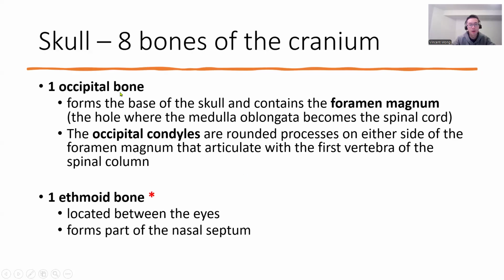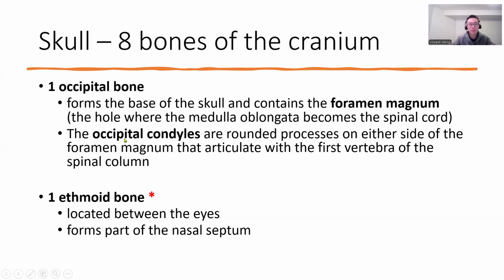One occipital bone. There is the foramen magnum. Foramen is a hole. Magnum means big. And that's where the medulla oblongata comes out and becomes the spinal cord. And flanking the foramen magnum, we have these two round processes, meaning something that sticks out. Round knobs.